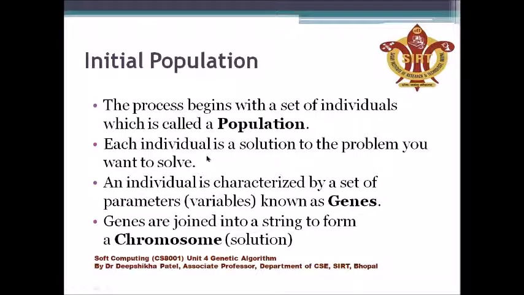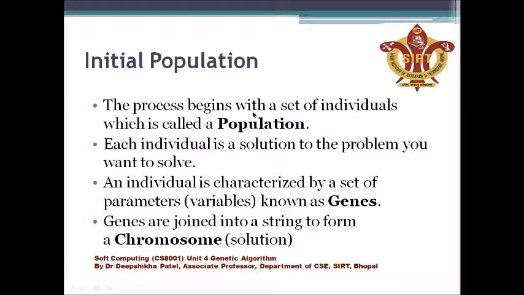First of all, initial population. The process begins with a set of individuals which is called a population. As we have already discussed, population is a set of solutions which we are initially considering.